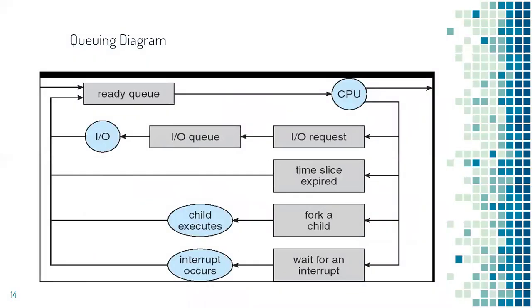This queuing diagram shows how the process keeps moving or circulating through different queues, mainly the ready queue and IO queue. A process which is in ready queue will be selected by the scheduler and allocated CPU for execution.